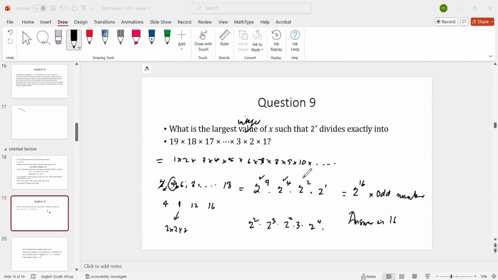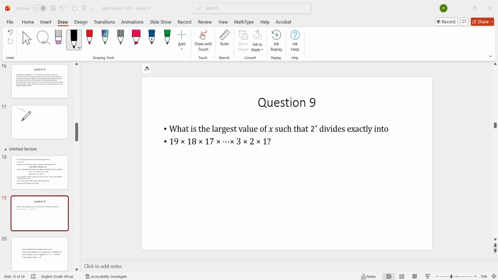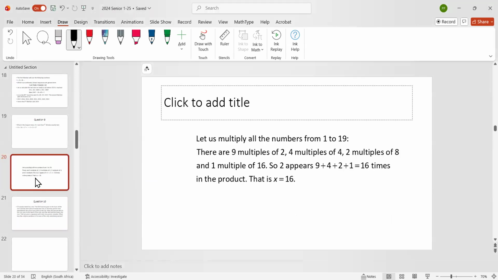There are 4 of them. Which contribute 3? There are 2 of them. And which contributes 4? There's 1 of them. So that's how I got this power. All right, so that takes care of that problem. Just want to check to see. Yeah, so the answer is 16, as you can see.